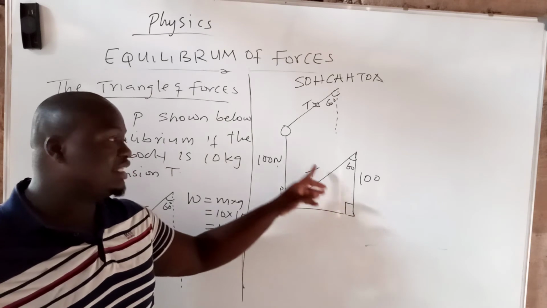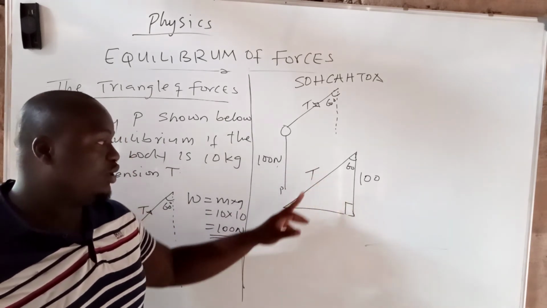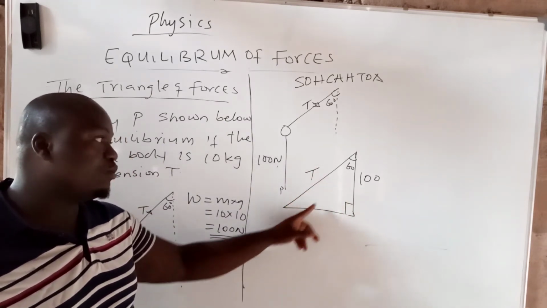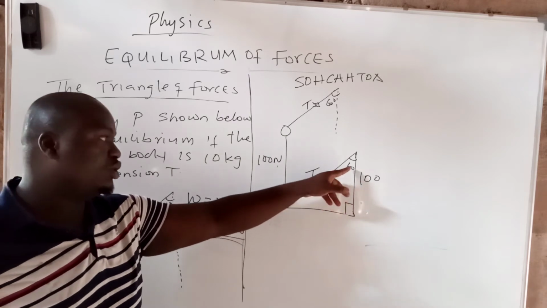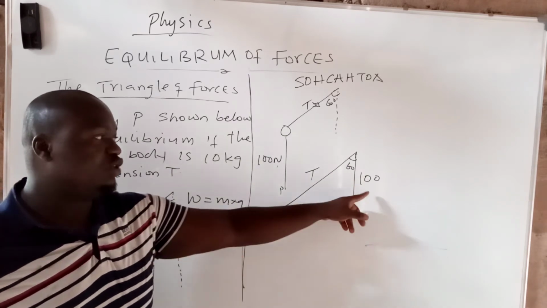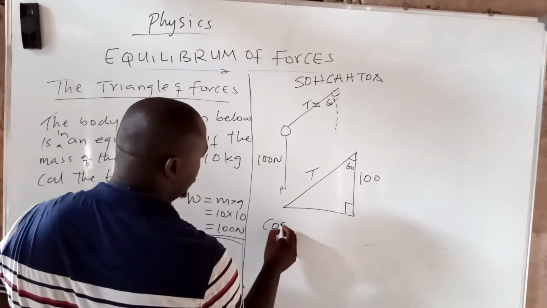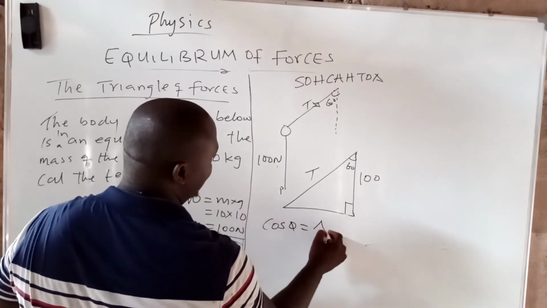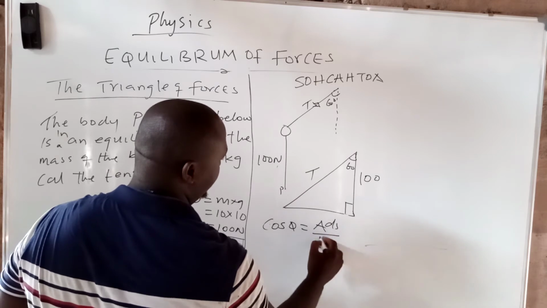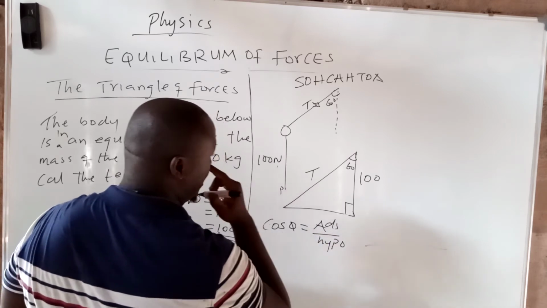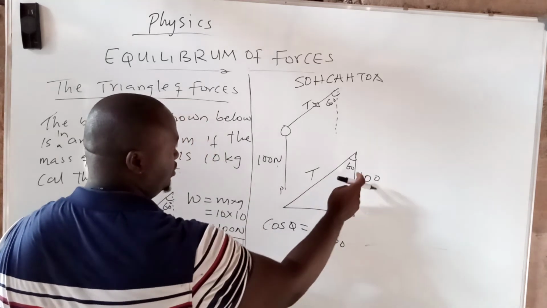The opposite of 90 degrees is the hypotenuse. Don't come and say this is an angle. Of course, this is an angle, but look at the angle given. And so this is the opposite. Why this place is the what? The adjacent. So what will happen here is cos theta, of course, is adjacent all over hypotenuse. Now, the adjacent is 100.